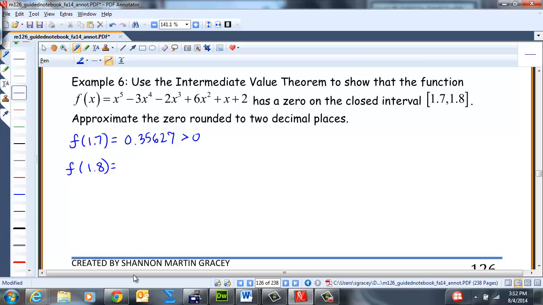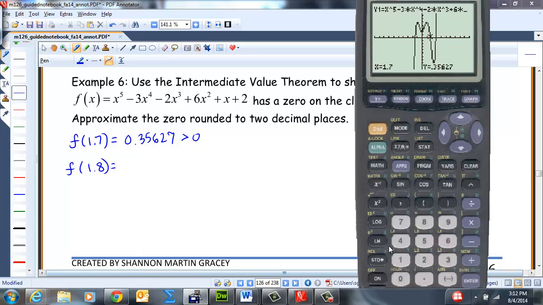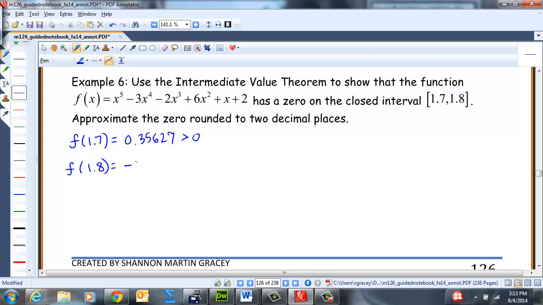So coming back to our graph, I'm just going to enter in 1.8, enter. And you see that we get a negative. So this is negative 0.02112, which is less than 0. So that means there has to be a 0 in between 1.7 and 1.8.